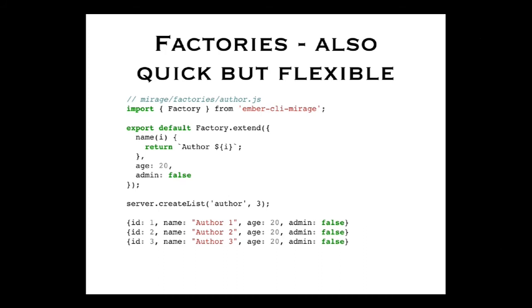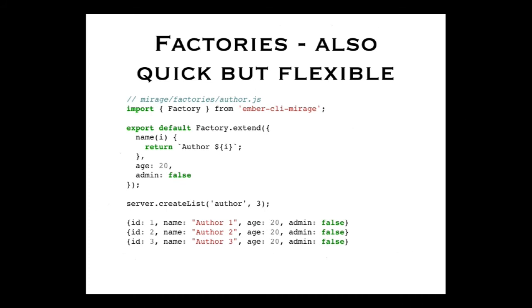Each factory also gets the sequence number, so you can make your properties unique. Like in this example, it's author and the next number. And then by calling server.createList, passing your model and the number, you will get this number of records, which have IDs. So that means that they are put into the Mirage database.